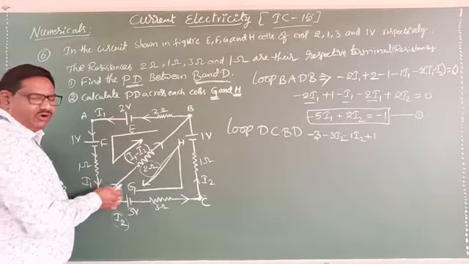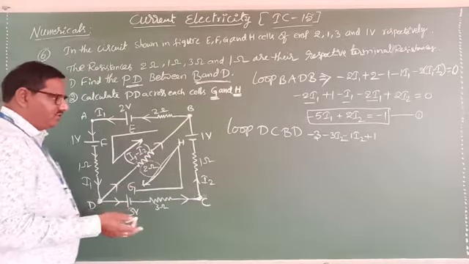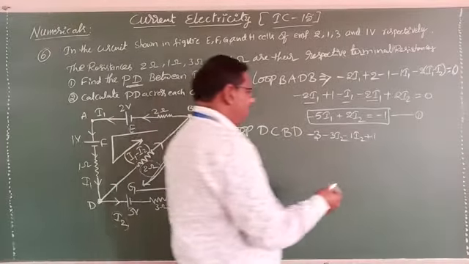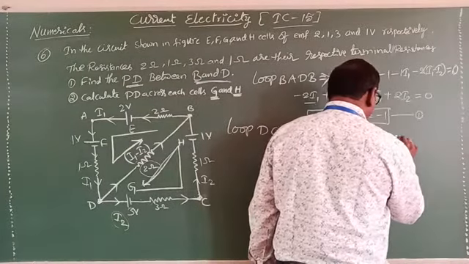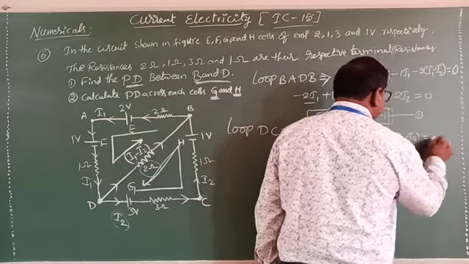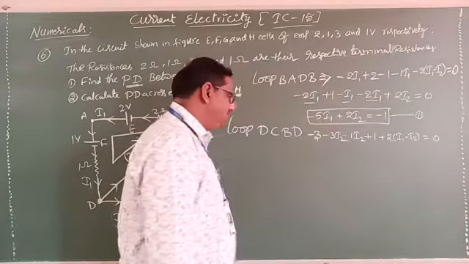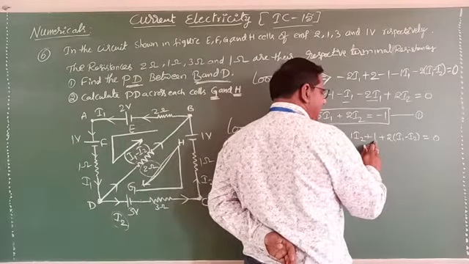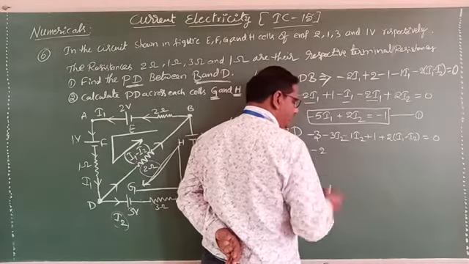Now the current will move in the opposite direction for you. So how can you write? Plus 2 into I1 minus I2, that is equal to 0. Now solve this equation. Minus 3 plus 1, how much is it? Minus 2.